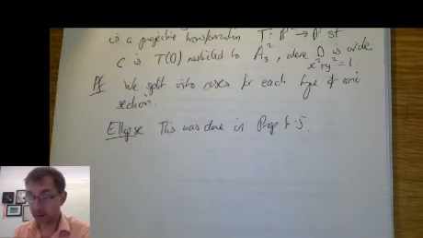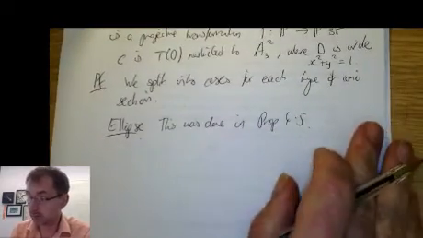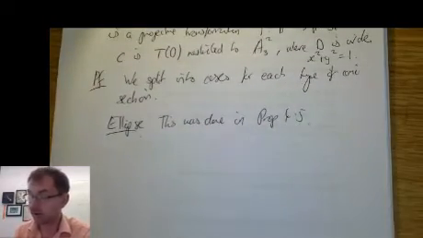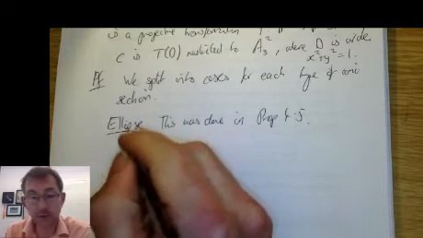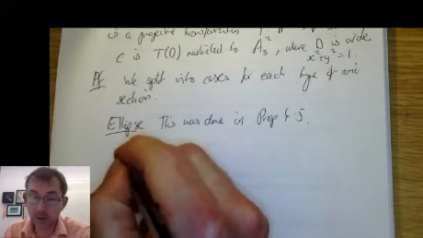You just take your affine transformation and fill it out to a projective one.